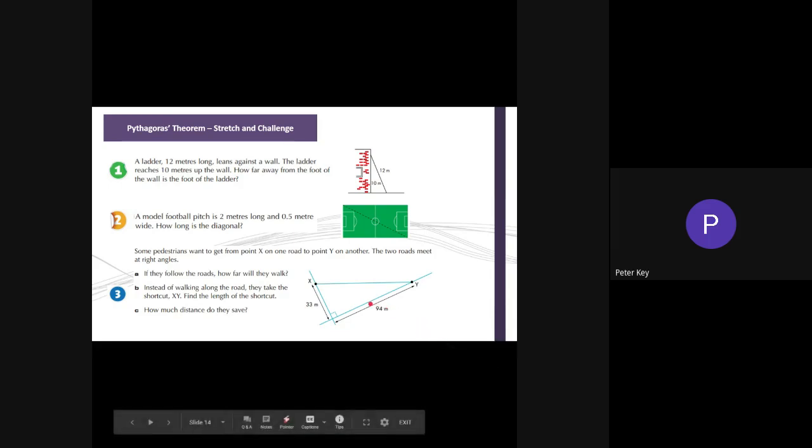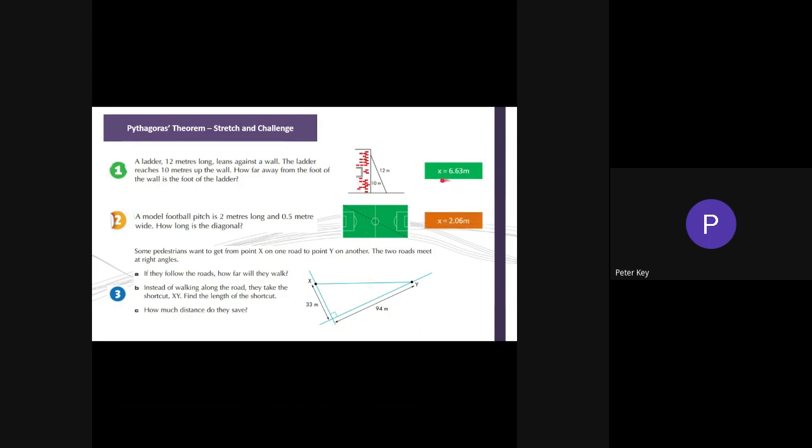So let's have a look. This one, X equals 6.63. So well done, Martin. Okay. The diagonal, which is X in this case, is 2.06 meters.